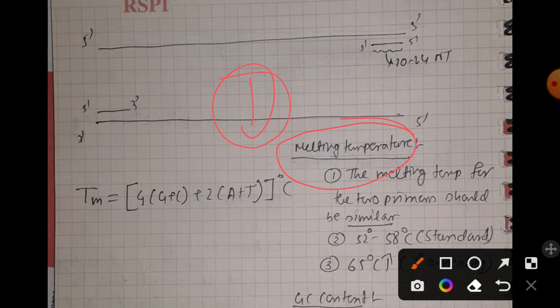Clear? And another important thing, what will happen when we use too much repetitive sequence in the primer. Okay, so they can promote self complementarity. Not only that, if that sequence becomes complementary with its partner primer, then they can promote primer dimer. Both are avoidable.